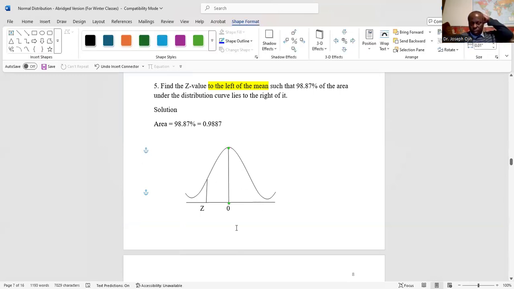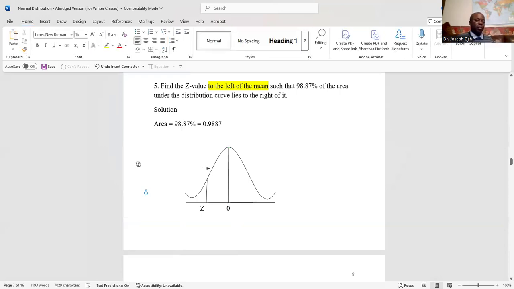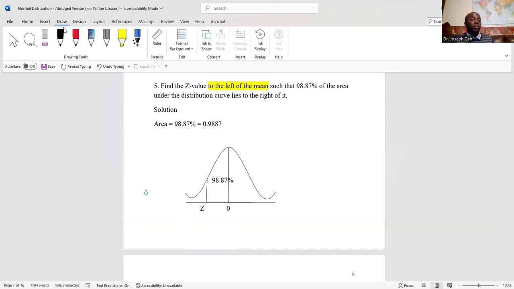Now I say that z value to the left, so that 98.87% lies to the right of it. So that means you're shading the whole of this area, 98.87%, because the z value is right here. So I'm going to shade all that.